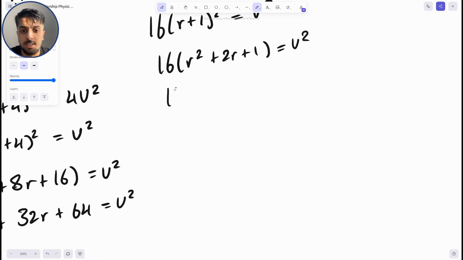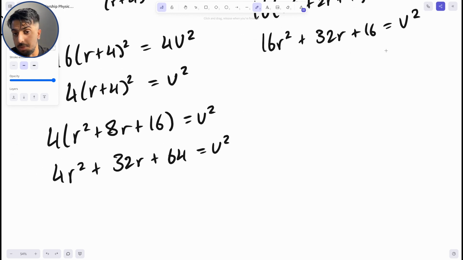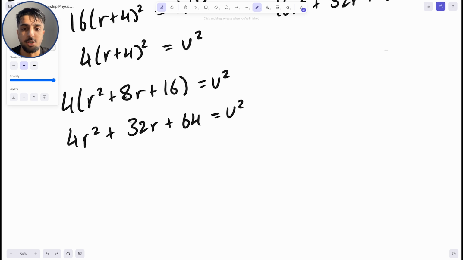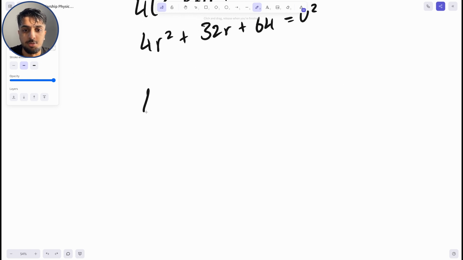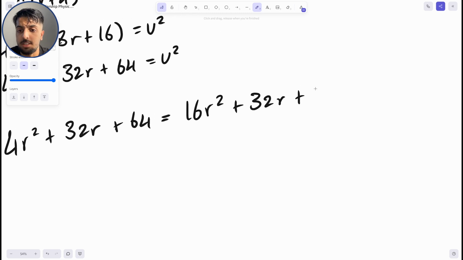And so 16R squared plus 32R plus 16 is equal to V squared. Now, as both these equations equal V squared, we can make them equal to each other to find the value of R. So 4R squared plus 32R plus 64 is equal to 16R squared plus 32R plus 16.